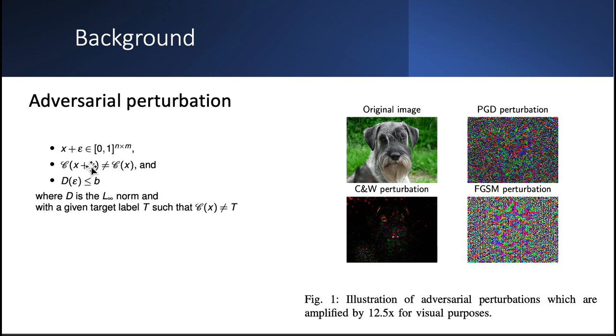This crafted input is imperceptible to the human eye within a certain budget, and we can craft this epsilon given a target label T.